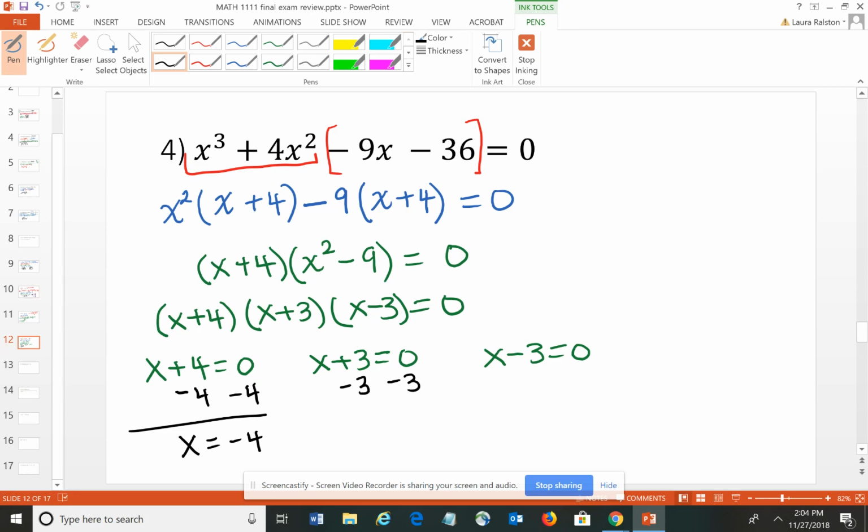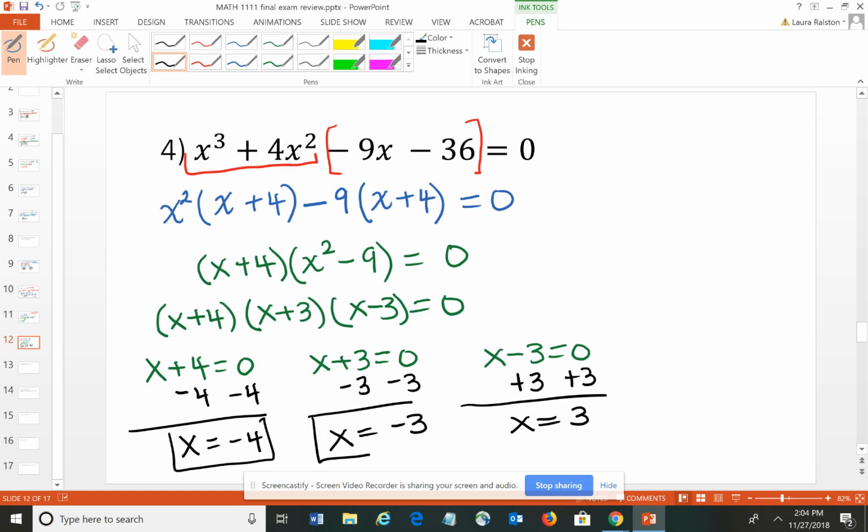Subtract 3 from either side, I get x equals negative 3. If I add 3 to either side, I get x equals positive 3. So we have three answers. x is negative 4, x is negative 3, and x is positive 3.